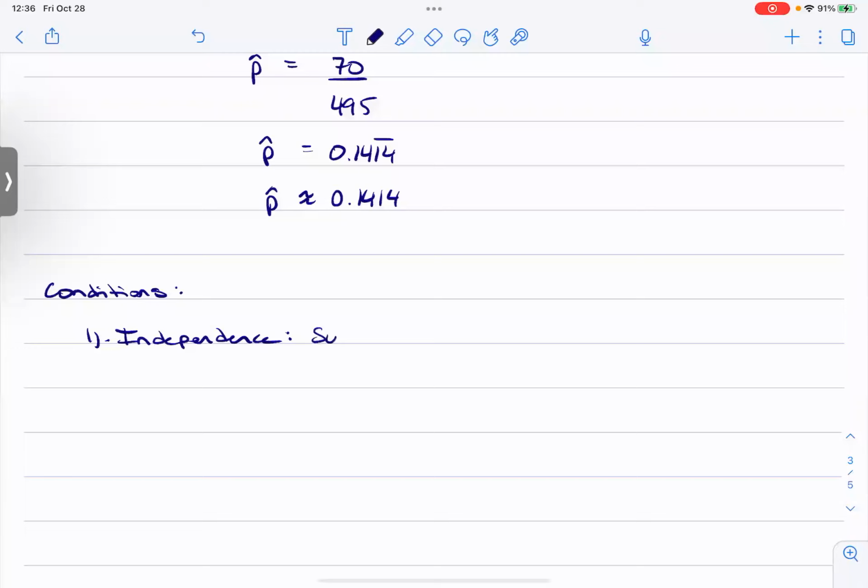I'm just going to use the statement that you could apply to any situation where they were randomly sampled. So subjects were randomly sampled, as long as it says.